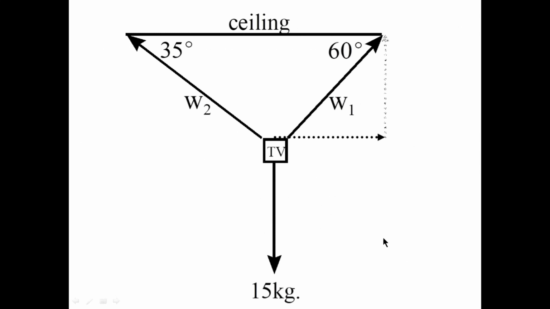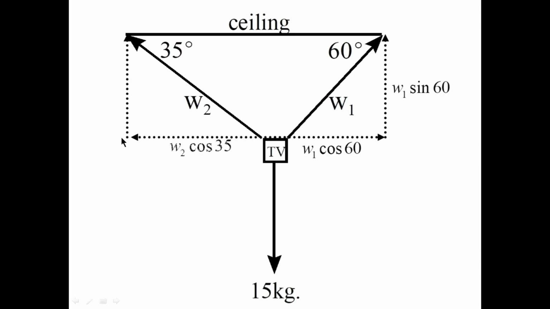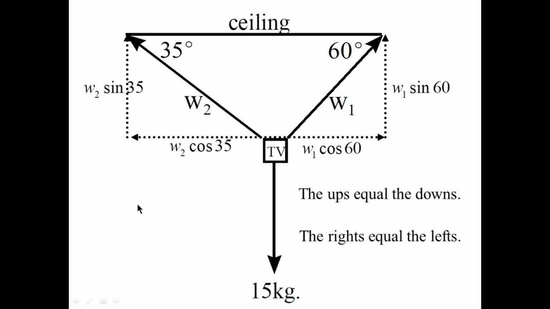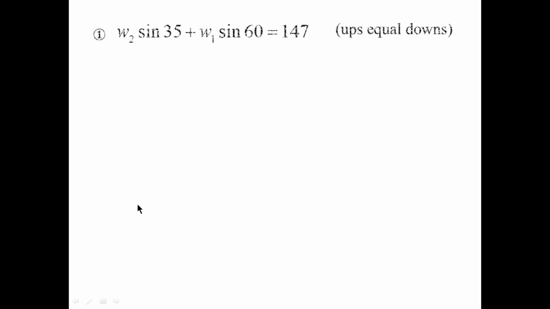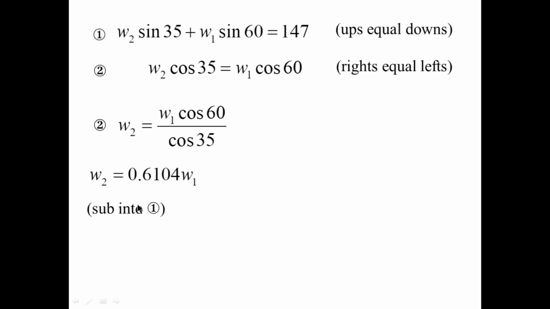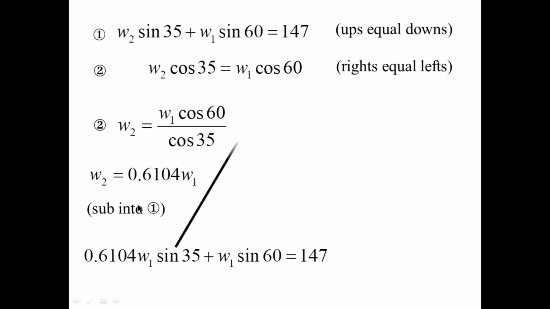And the other way we did it was we resolved the forces into one's pulling right and pulling up, and this one's pulling left and pulling up, resolved it into left and right components, left and up and down components, and ups equals downs and rights equals lefts. So that's another way to do the same problem. Two equations and two unknowns.